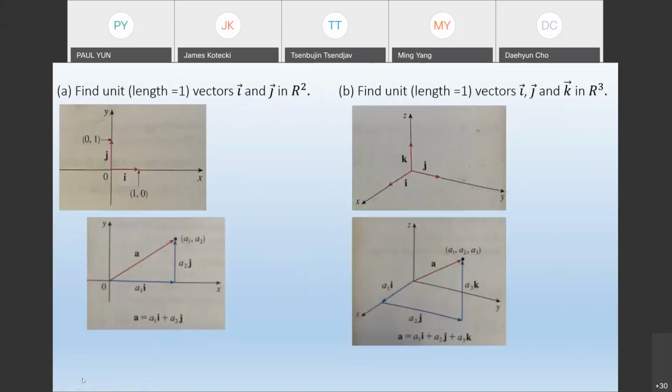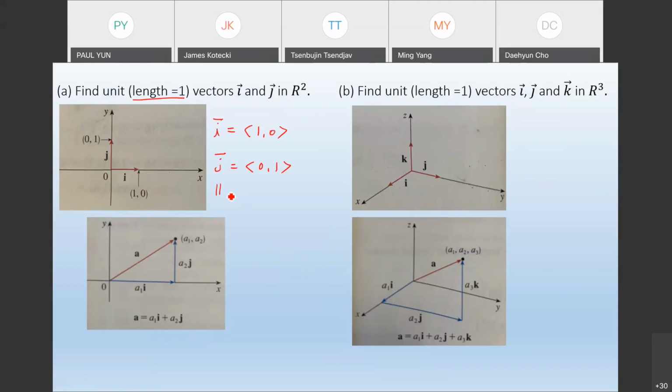Okay. So here we have a unit vector, length one. Okay, so this guy is important. That is vector J. So here, what is the magnitude of I?